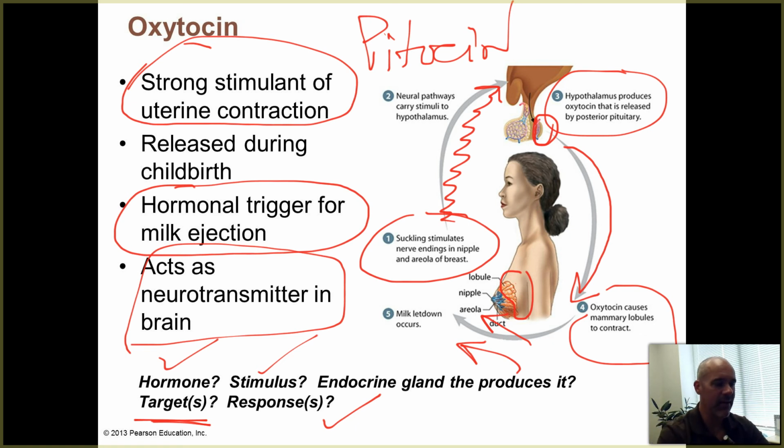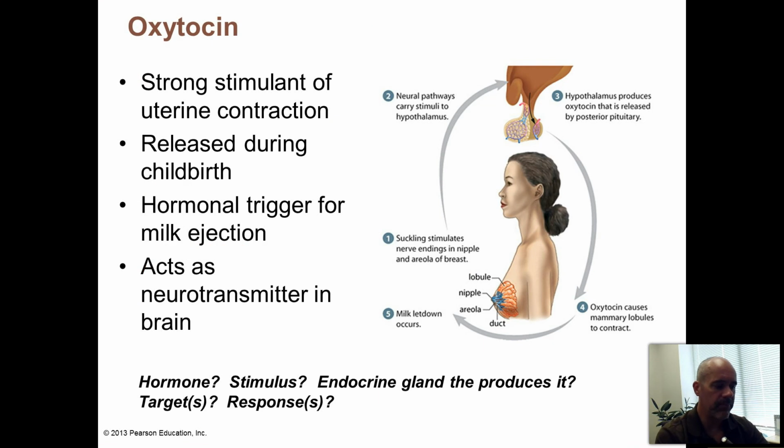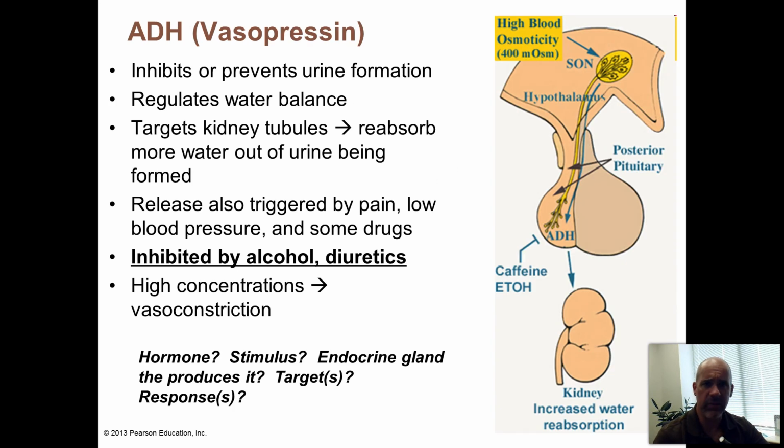So this is not just a human hormone, and as is the case with many of these hormones, there are multiple roles for oxytocin. Keep in mind as we go through the endocrine system that it's pretty complex. A lot of these hormones have multiple functions, and no doubt we don't know what all of the functions for some of these hormones are.